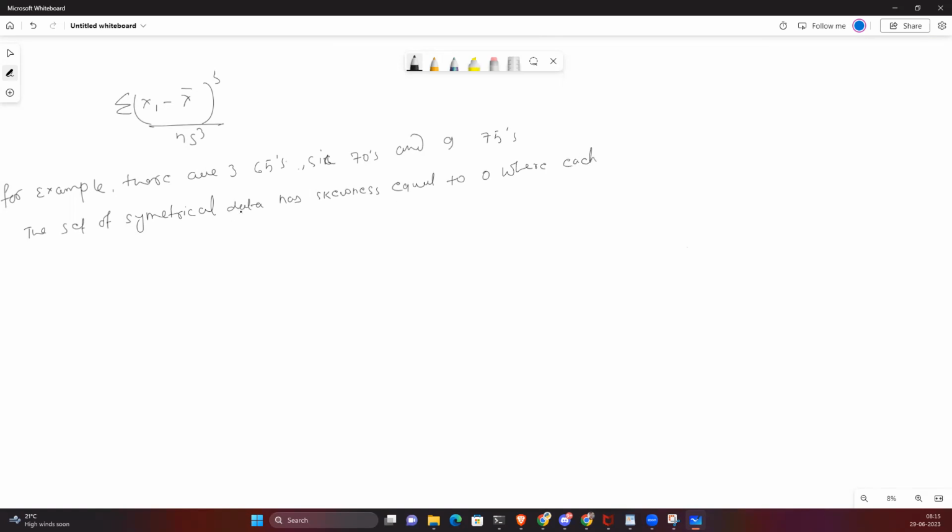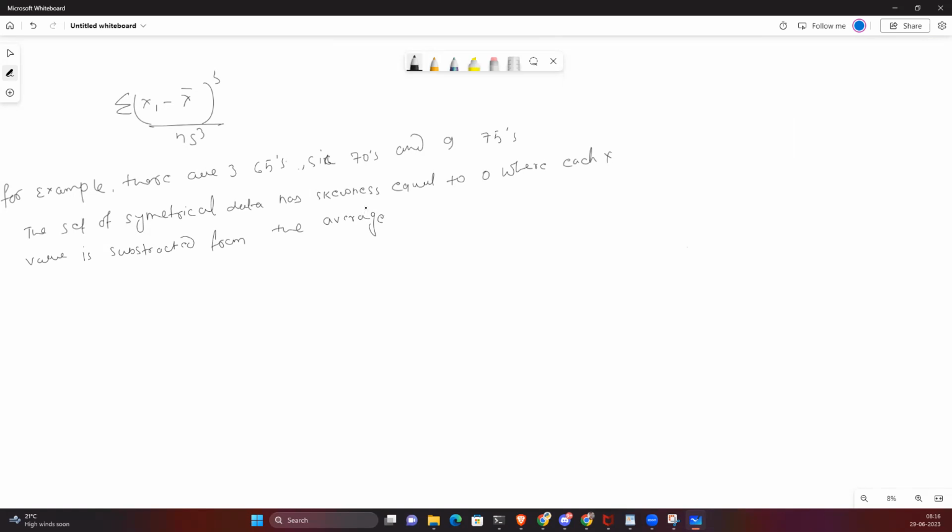Each x value is subtracted from the average.